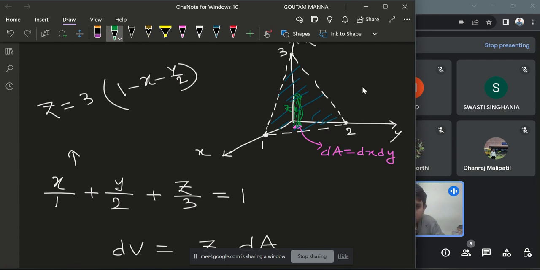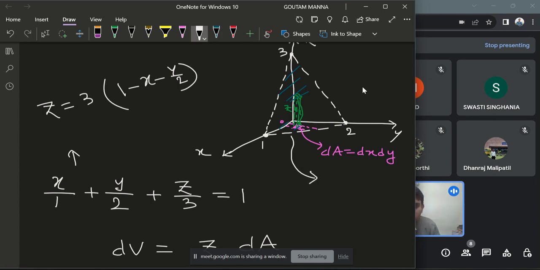In that case we can first integrate over y. So y will be going from 0 to this line, so we need to find the equation of this line.